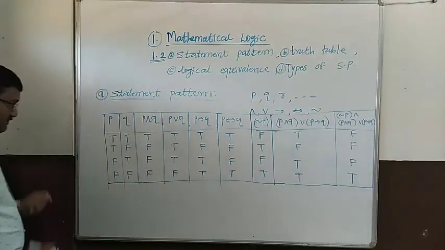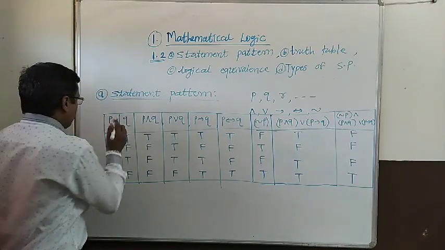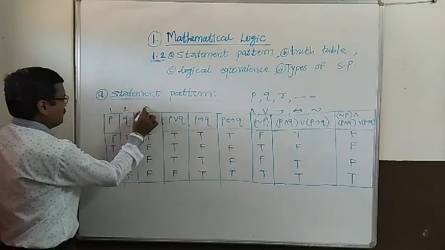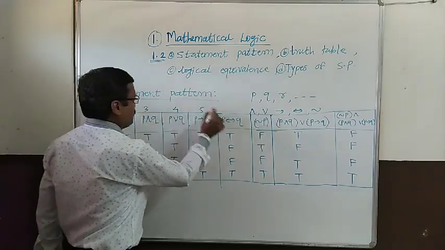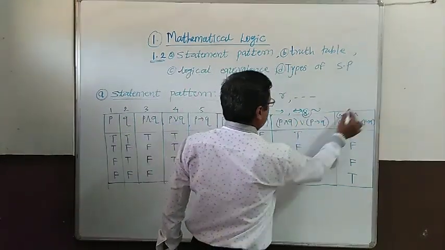If you observe here two columns, let us give the column numbers. Column number 1, 2, 3, 4, 5, 6, 7, 8, 9.